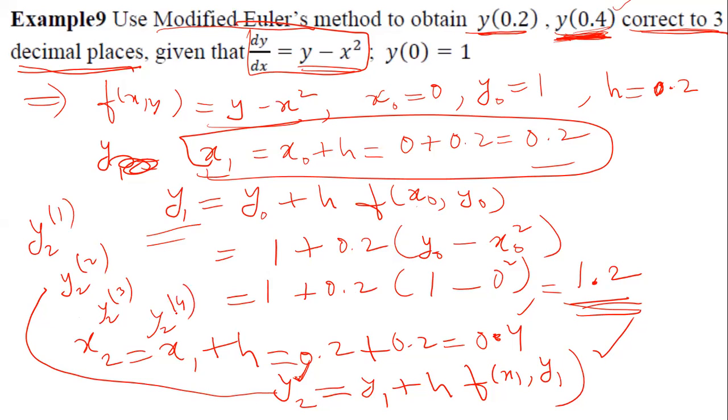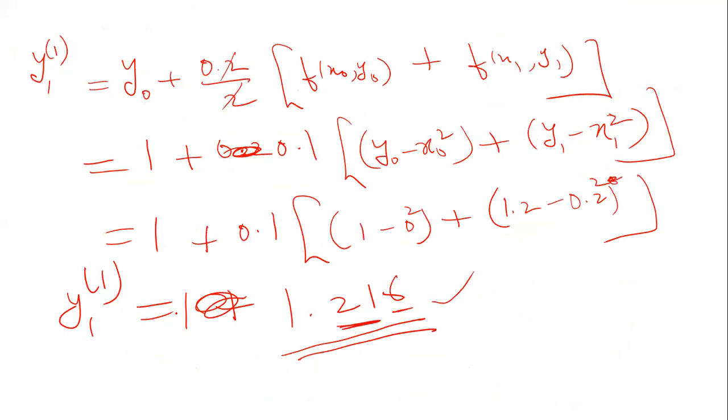You have to see that for consecutive iterations, the decimal points agree up to three decimal places. So this is how you have to solve the differential equation using the Euler formula. Once you know the differential equation and the initial condition, you can obtain the value of y. And a more accurate result you can obtain using this modified Euler formula.